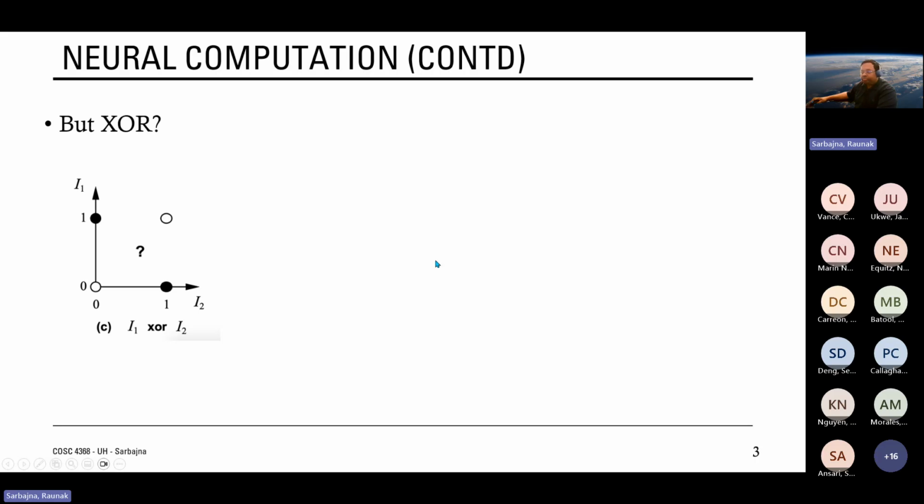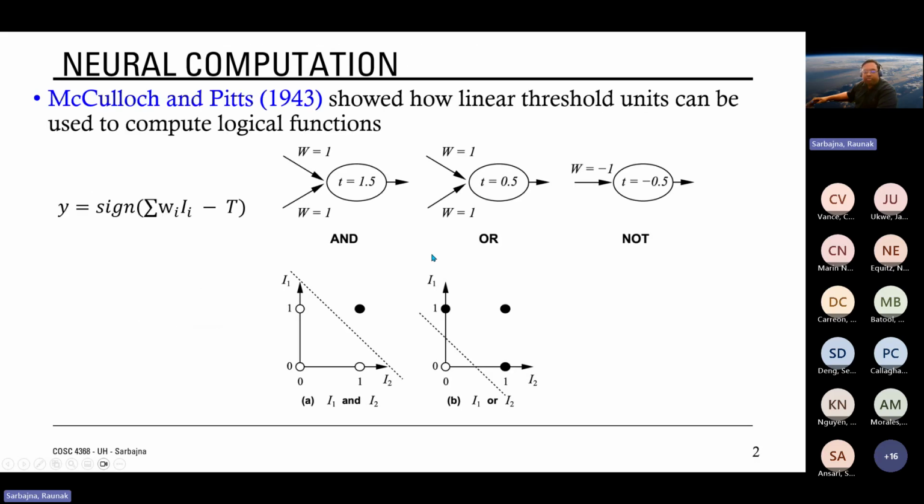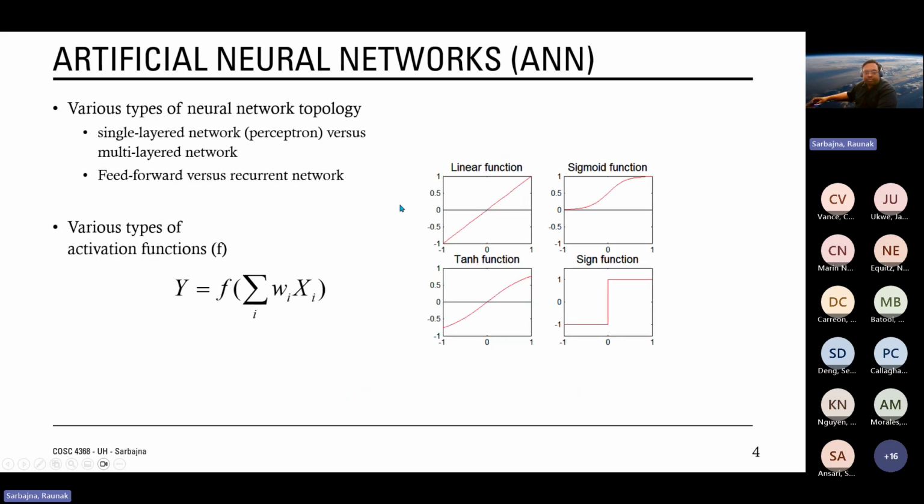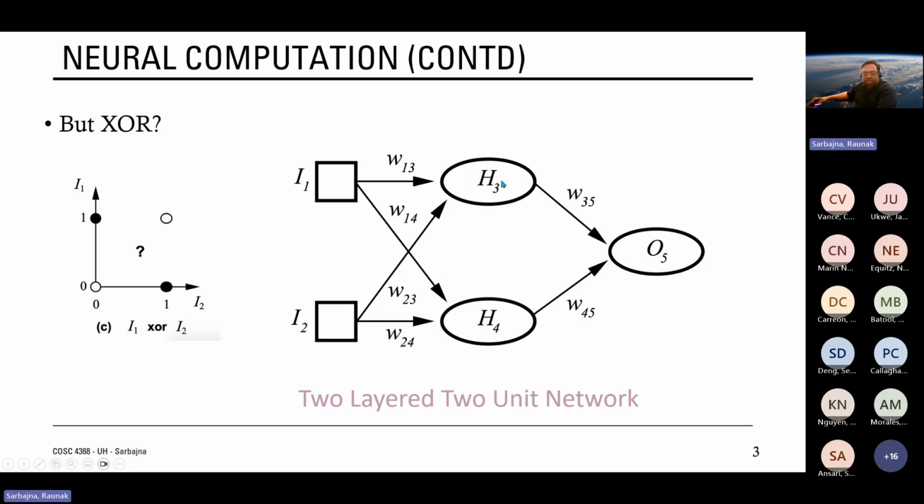Each output value that you see here is the weighted sum of these inputs. So the output of H3 and H4 is W13 times I1, plus W23 times I2, minus some threshold value.